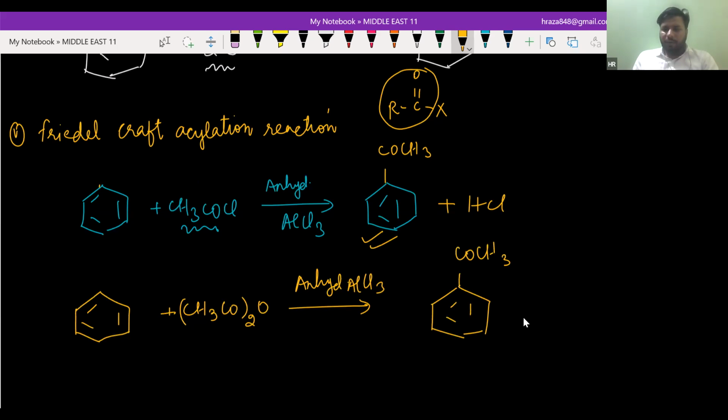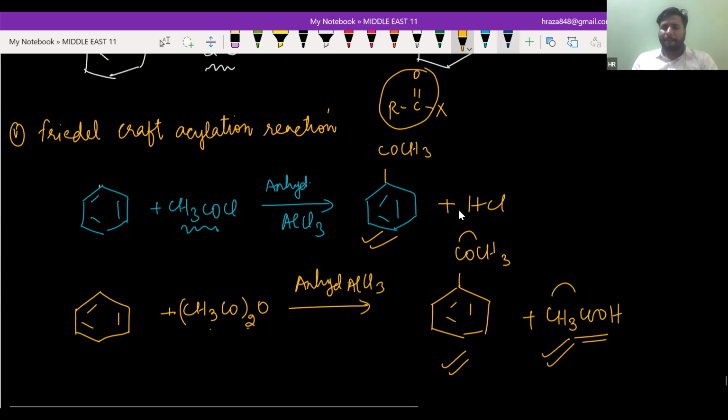And again, with this, we get carboxylic acid. You can see how many number of carbon, it will be 4. So you can see 2 carbon here and 2 carbon here. So here, acylation takes place, and here carboxylic acid as a byproduct, you can say. You just have to remember the functional group.